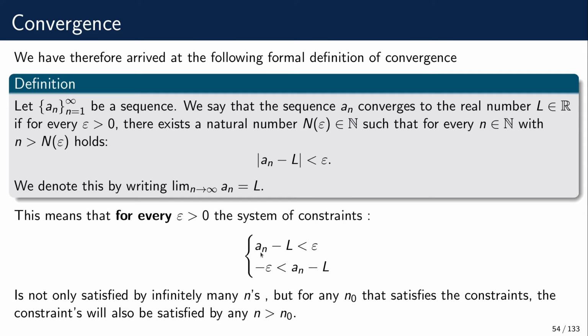This is equivalent to saying that a_n minus L is smaller than epsilon and bigger than minus epsilon, as we have seen with the visualization with the vertical lines. And this means basically that this system of inequalities is satisfied by infinitely many natural numbers n, and in fact, if this system of constraints is satisfied by some number n_0, then it is also satisfied by any n that is greater than n_0. This is the essence.